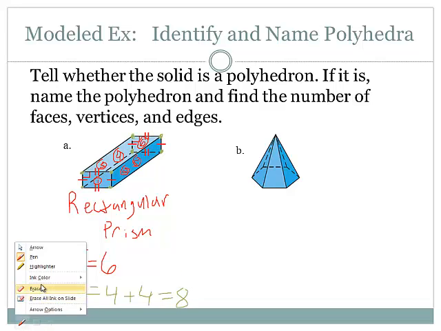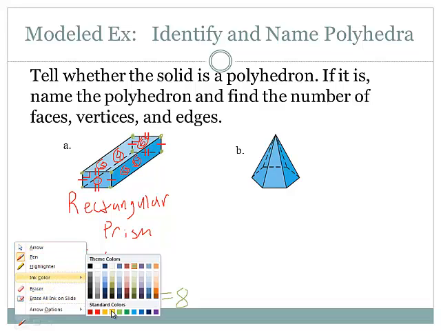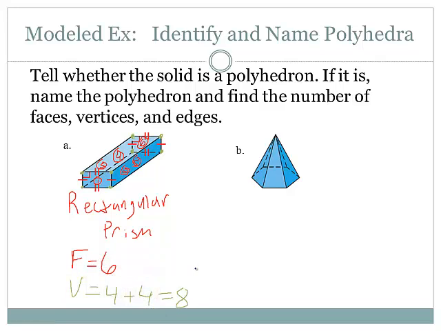And last but not least, we need to count up the number of edges. So we will do that in purple. So the number of edges, and we already have some red lines marked for the edges, so I'm going to continue with those. This is 1, 2, 3, 4. So I'm going to make E right here. I'm going to say E for edges, so I know we have 4.